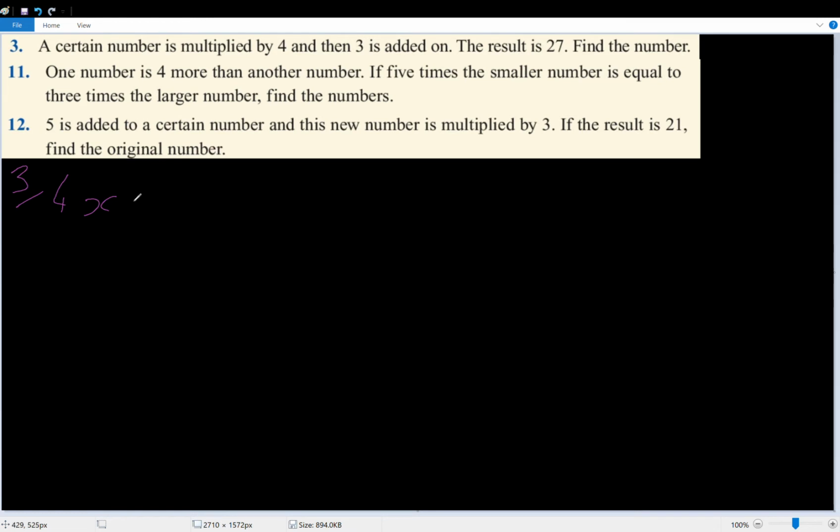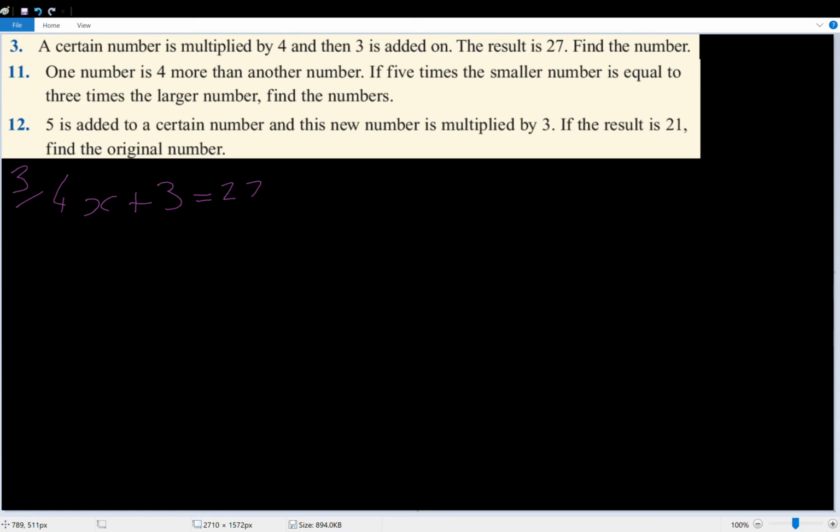Well, that just means that you've already multiplied the x by 4, so it's going to add on 3, like that. We get 4x plus 3. And then it says the result is 27. What this means is that, at least for our sake, equals 27. So now we have an equation together that we can use to solve for x.